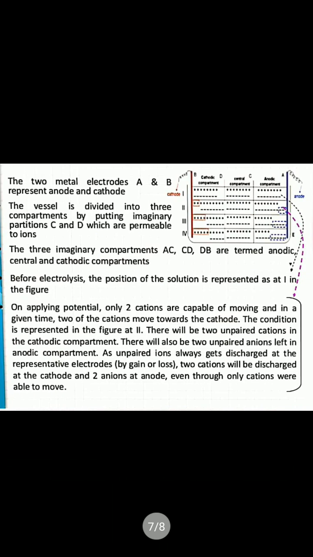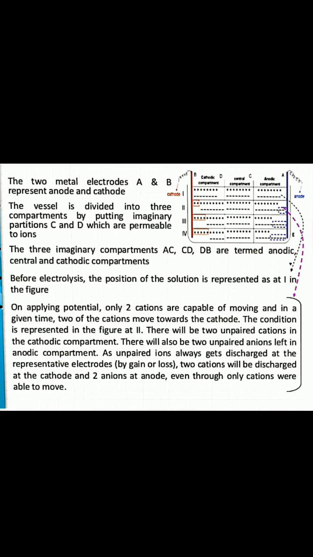Two metal electrodes A and B represent anode and cathode. The vessel is divided into 3 compartments by putting imaginary partitions C and D, which are permeable to ions.